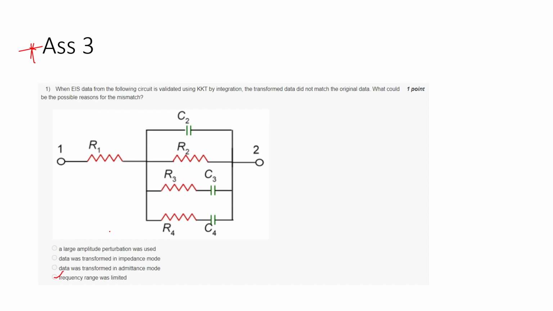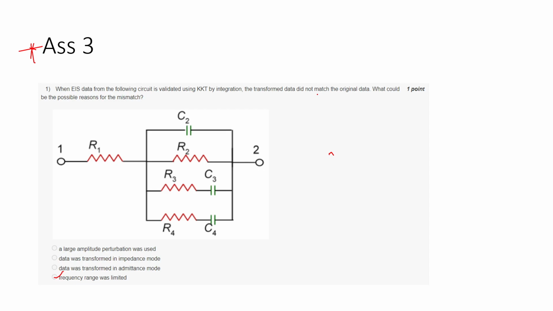It's trying to fit the data and validate it, right? So what was the condition when we are doing KKT? What do you do in the KKT? You're trying to validate the data, to see if it is linear, causal, stable, etc.